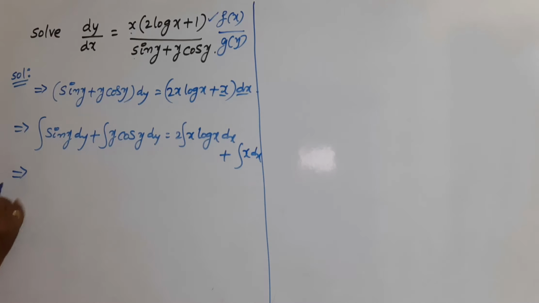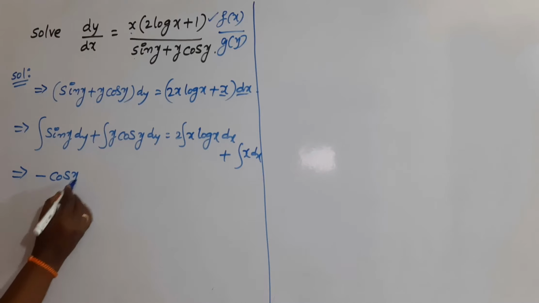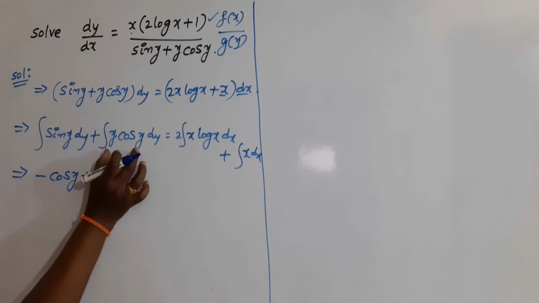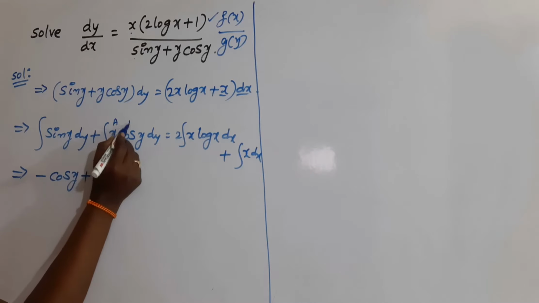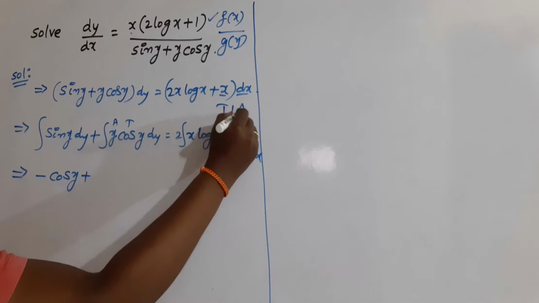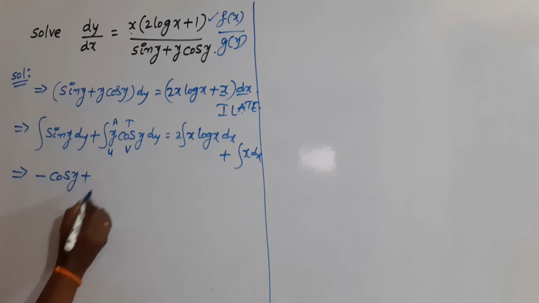Now what is integration of sin y? Everybody knows it. It is negative cos y. Plus we should apply the product rule because y into cos y, two terms in the product. So by using the ILATE rule, this is an algebraic term and this is a trigonometric term. So in the order of ILATE, A is the first function, that's why this is u and this is v.